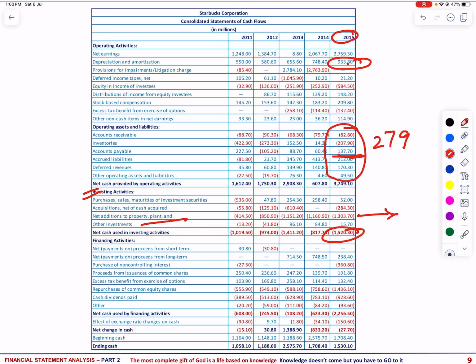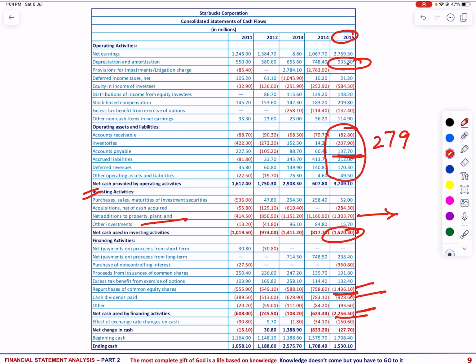Coming to financing activities, they have used 2,257 million and they have paid 929 million in cash dividends. They have repurchased common stock for 1,436 million.